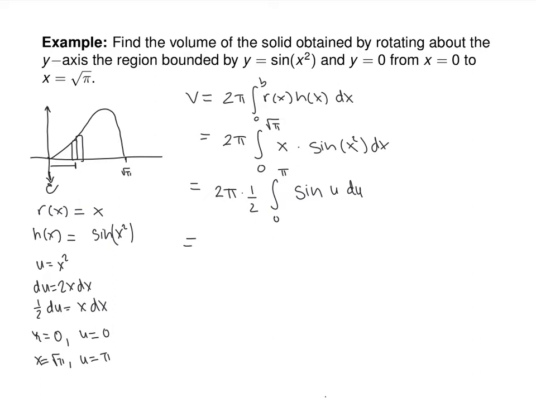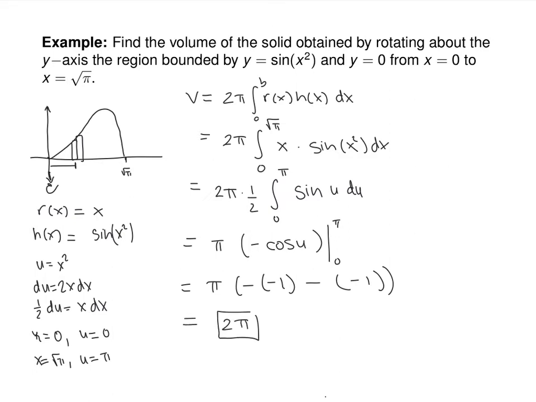Or just pi times, now the antiderivative of sine will be negative cosine, and evaluate that from 0 to pi. So pi times negative, well, cosine of pi is -1, minus cosine of 0 is 1. So I believe that makes 2 pi in the end. So the volume of that solid, when you take this region and spin it about the y-axis, that's 2 pi.